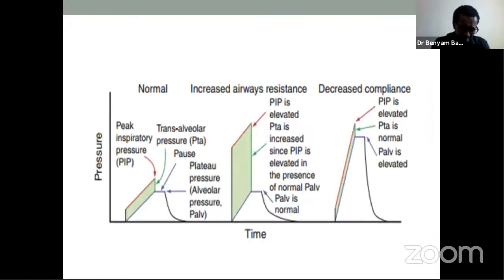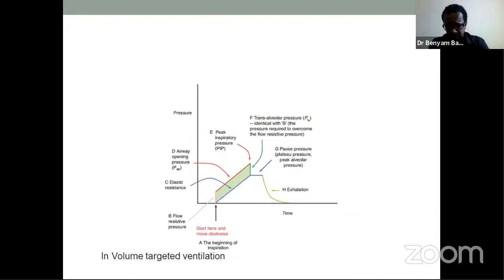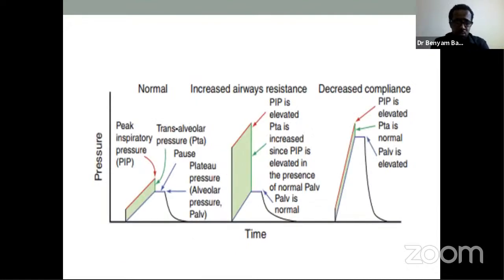In volume targeted ventilation, which we discussed briefly last time, we will see what information we get on the pressure time curve. The initial picture shows a normal lung, where there is a rise in pressure up to the peak inspiratory pressure, then a little drop in the transalveolar pressure, followed by the plateau and then exhalation.